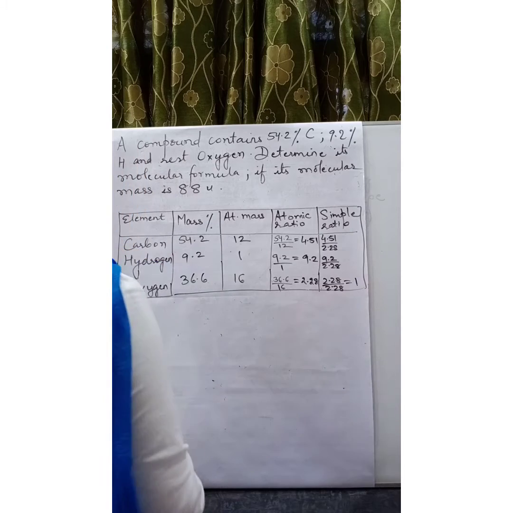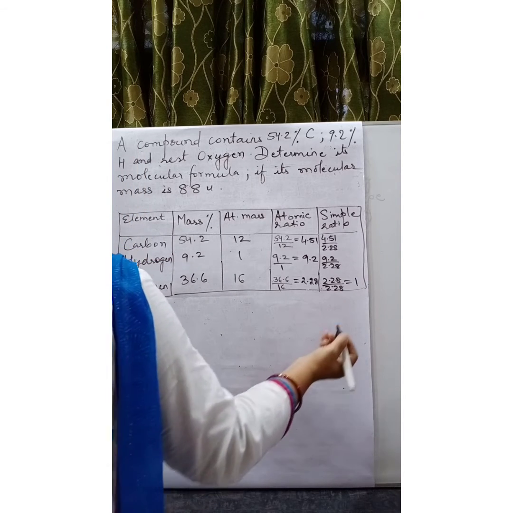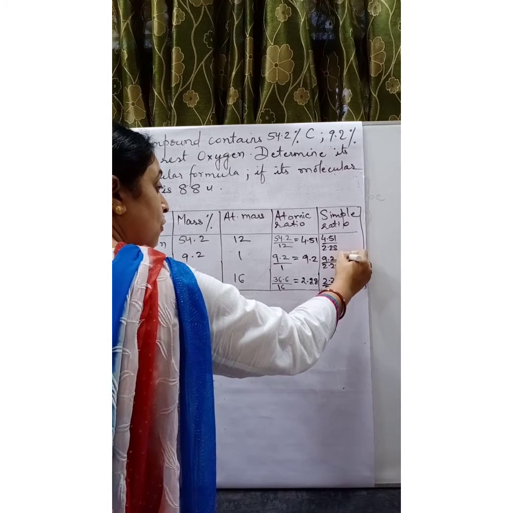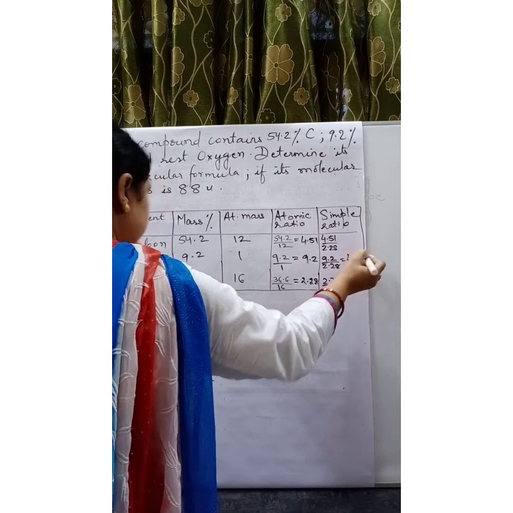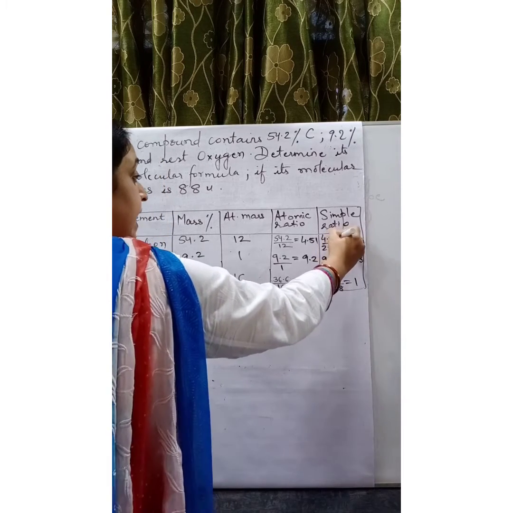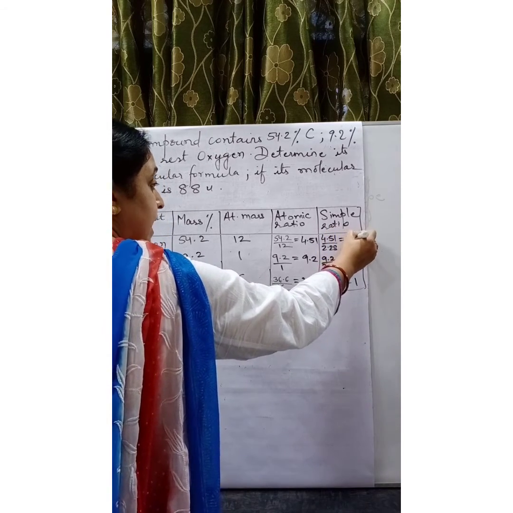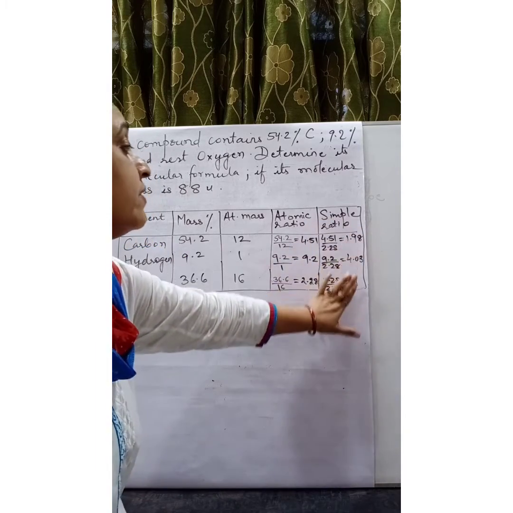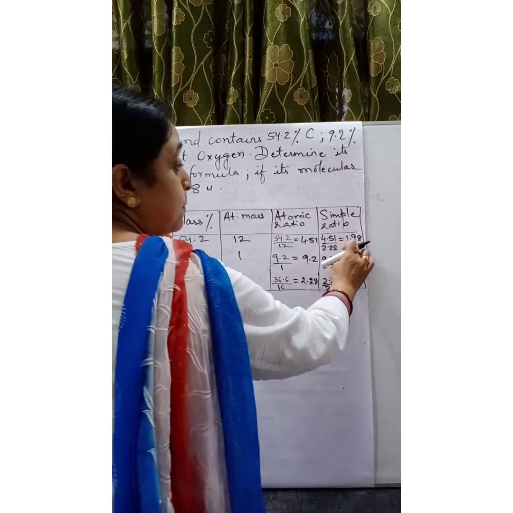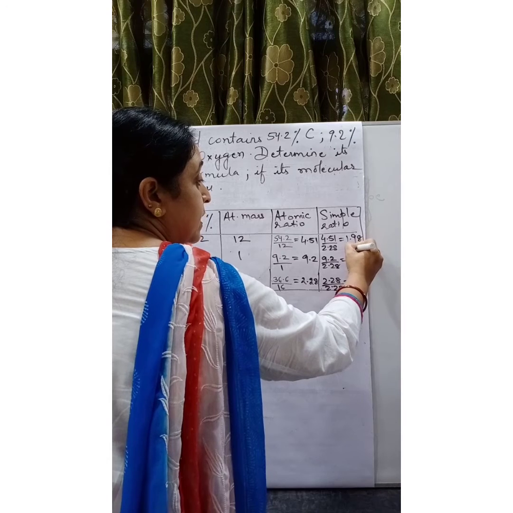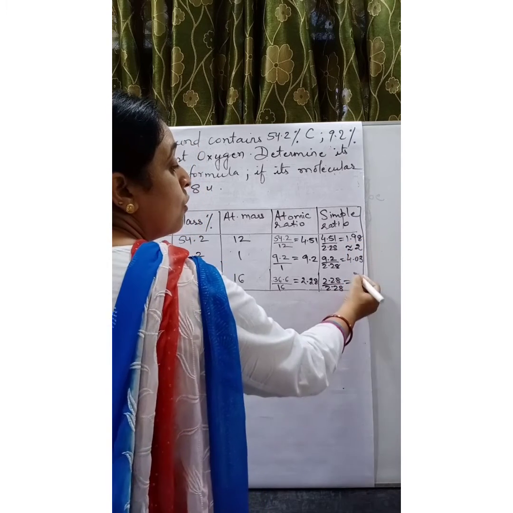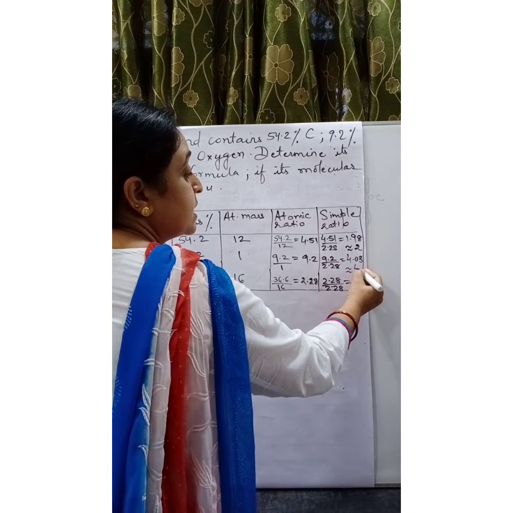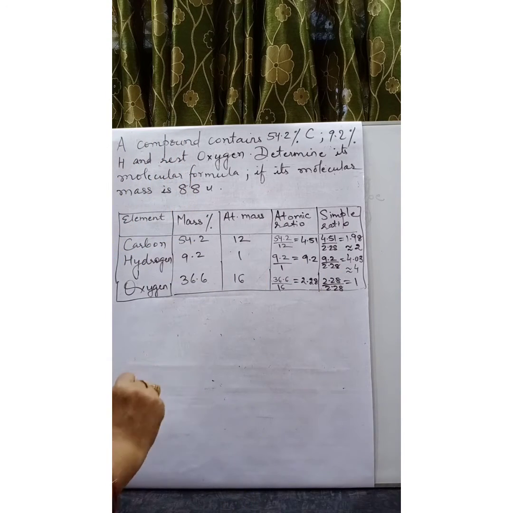When you solve this, you get 1 here, 4.03 here, and 1.98 here. Now here we can round off. 1.98 is approximately 2, 4.03 is 4 and 1 is 1.